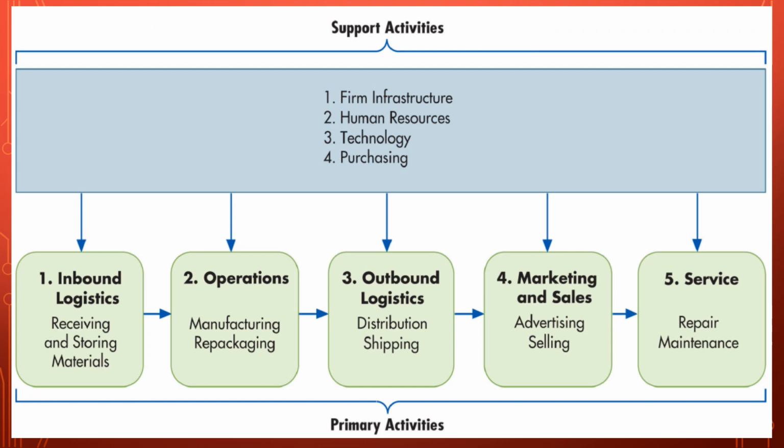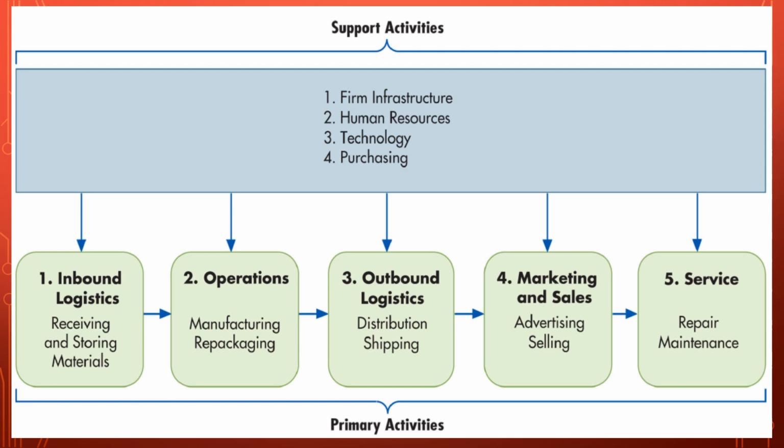Okay. I just bring this figure to show you an example of the supporting activities and primary activities in the production or manufacturing context or scenario. So you see here we have five main or primary activities. We have inbound logistics, operation, outbound logistics in terms of distribution and shipment, and then we have marketing and sales up to service or repair and maintenance.